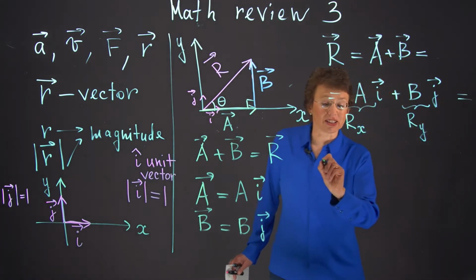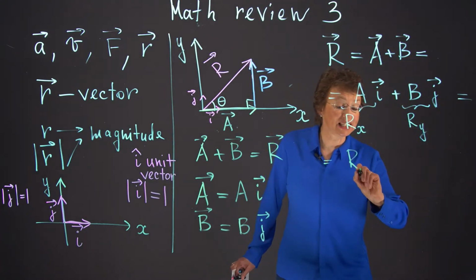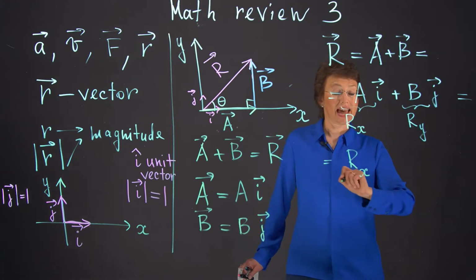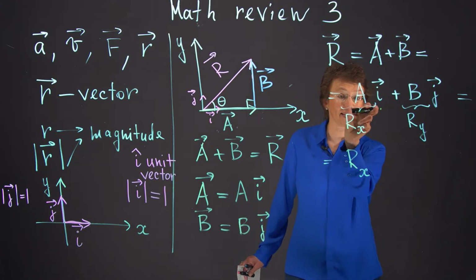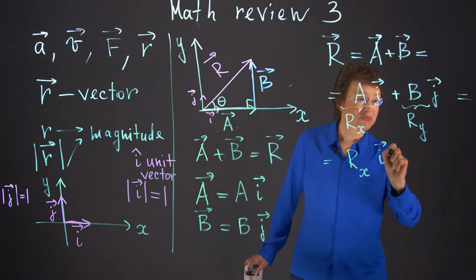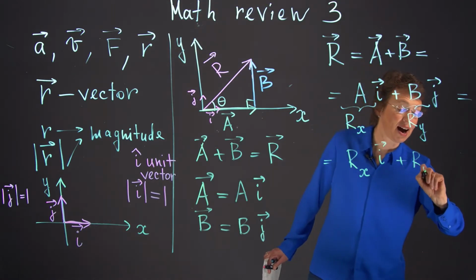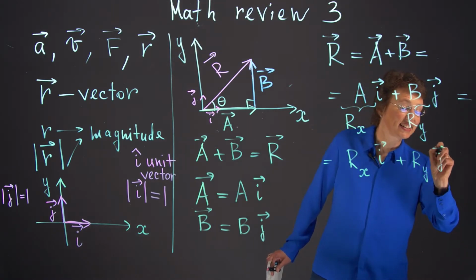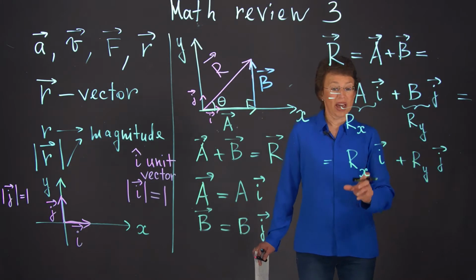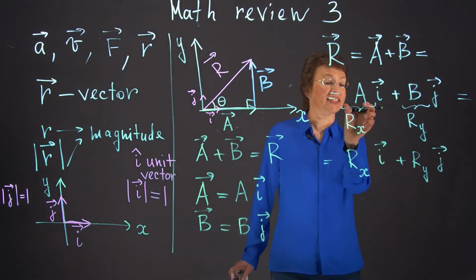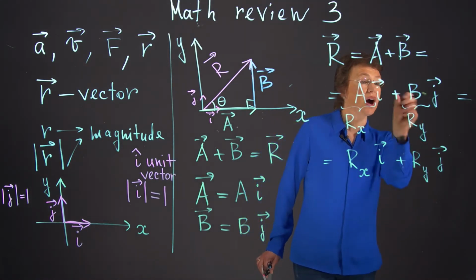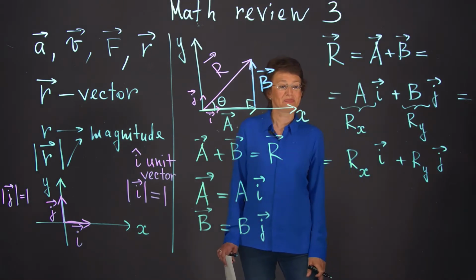Any vector could be written in terms of components as R sub x i plus R sub y j, where R sub x in this case is A and R sub y is B.